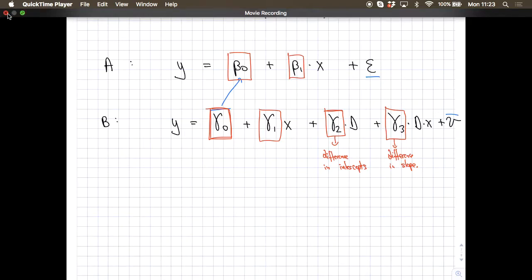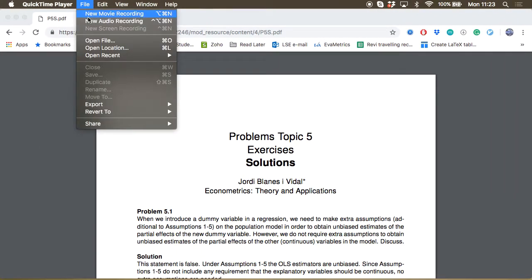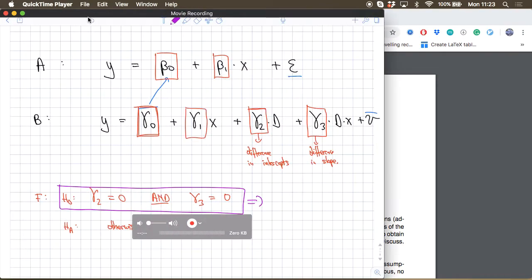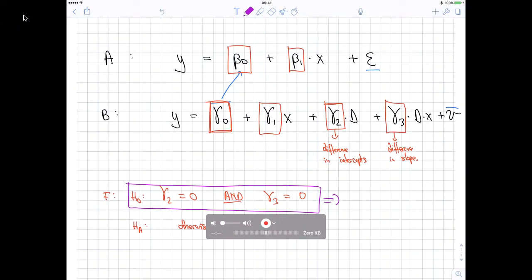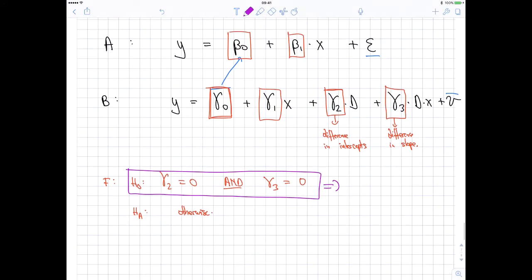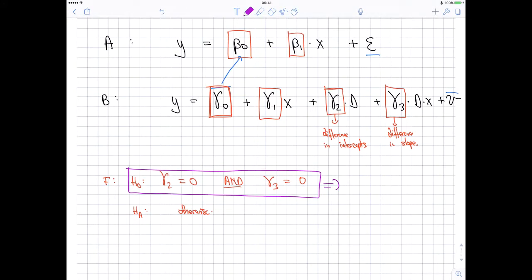If you fail to reject this test, then which is the view of the world that is statistically preferred? A or B? B, of course. Is that right? If you fail to reject this test, that means that these two things are equal to 0.